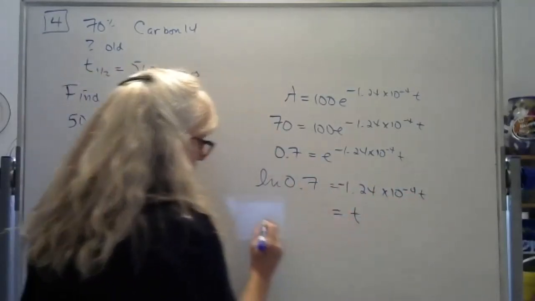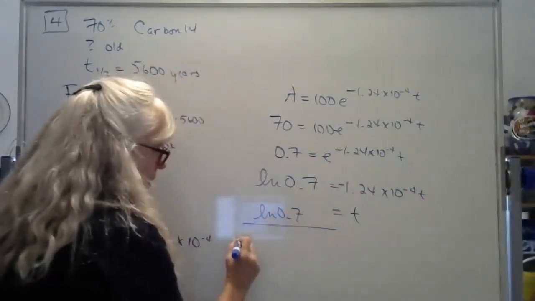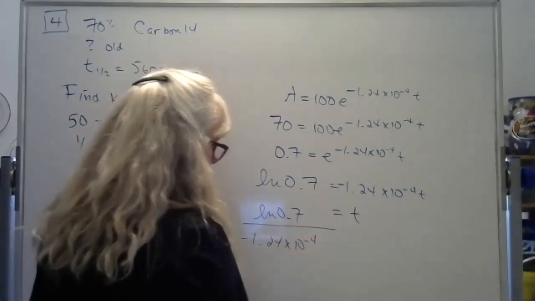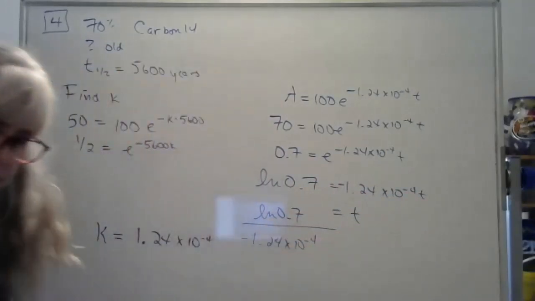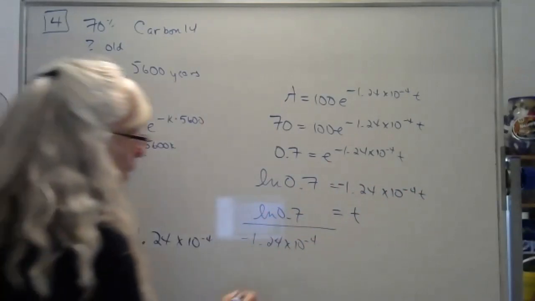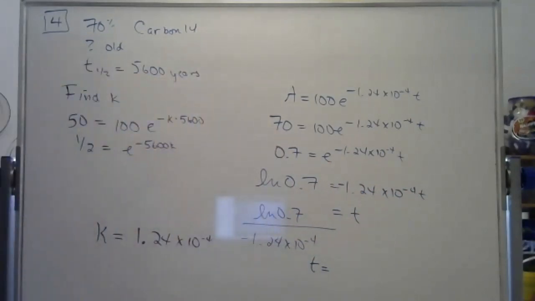So t is going to be equal to the natural log of 0.7 divided by that negative 1.24 times 10 to the negative 4th. So, and then what did you get?